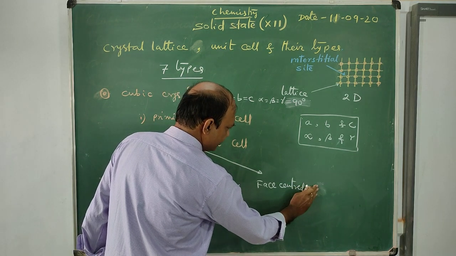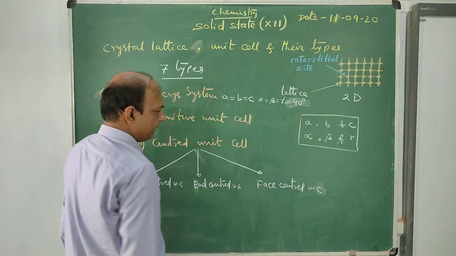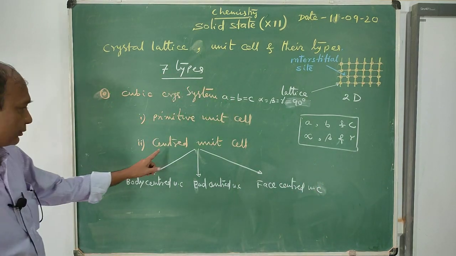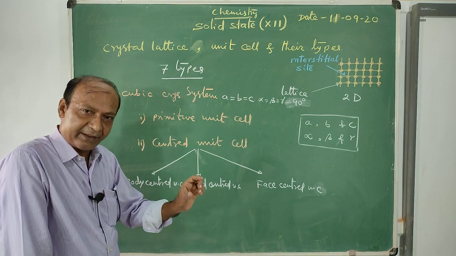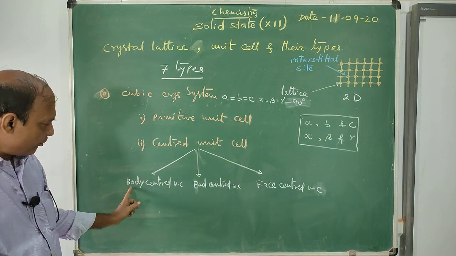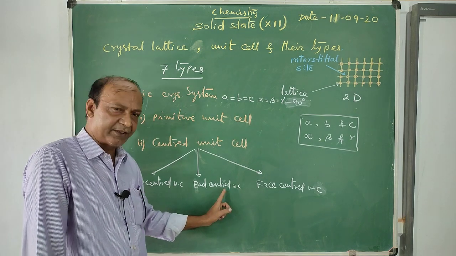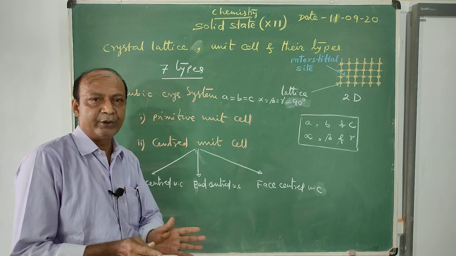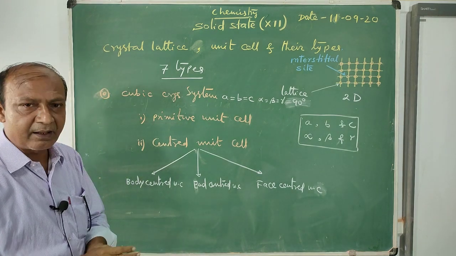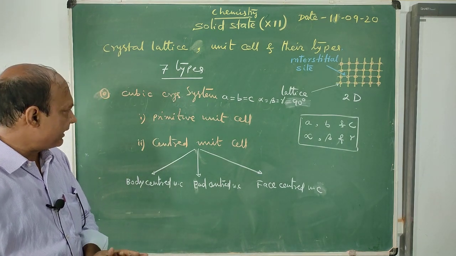So centered unit cells, on the basis of position of the particle, are again body centered unit cell, end centered unit cell, and face centered unit cell. I will show you their diagrams, how to draw their diagrams.